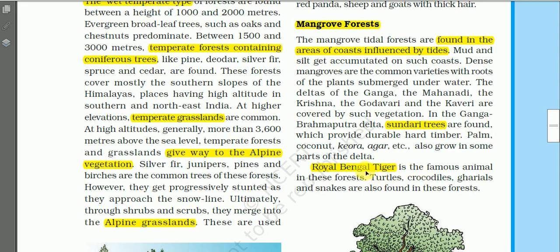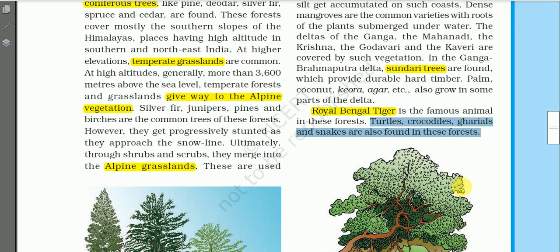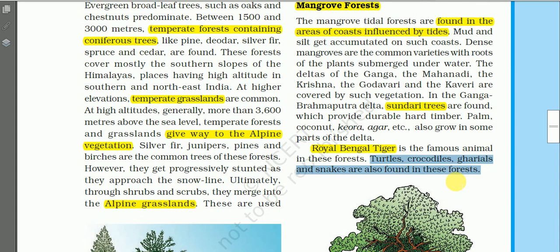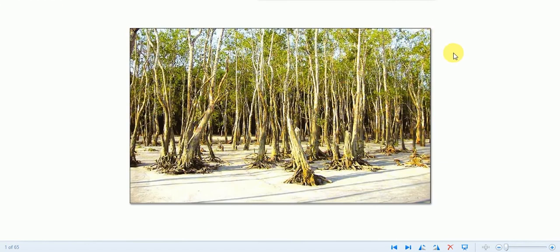About the wild animals, the Royal Bengal tiger is the famous animal in this forest. Turtles, crocodiles, gharials and snakes are also found in this forest. About these Sundari trees, see here, this is a photograph showing Sundari tree which provides durable timber.